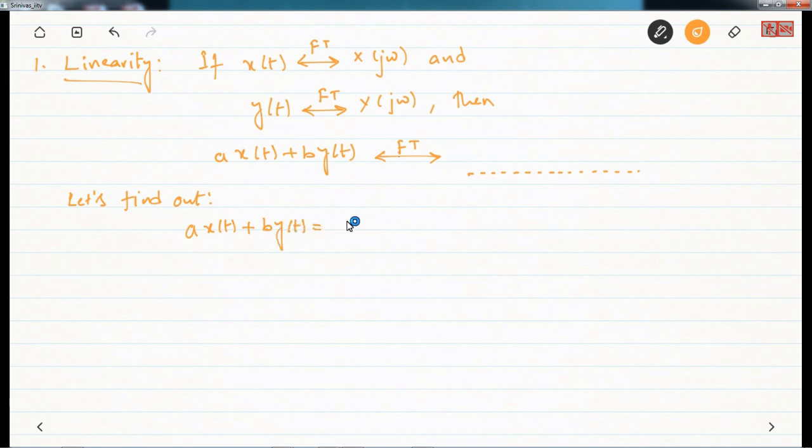I can write this as a into 1 by 2 pi integral of X of j omega e power j omega t d omega, because I know that if the Fourier transform of x of t is X of j omega, then x of t equals this, plus b into 1 by 2 pi integral of Y of j omega e power j omega t d omega.